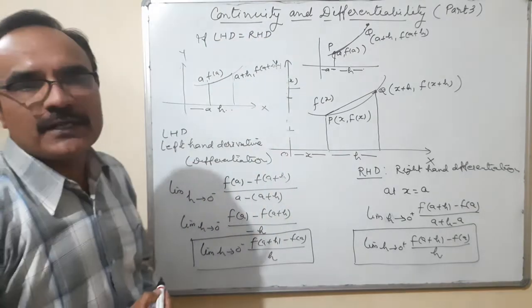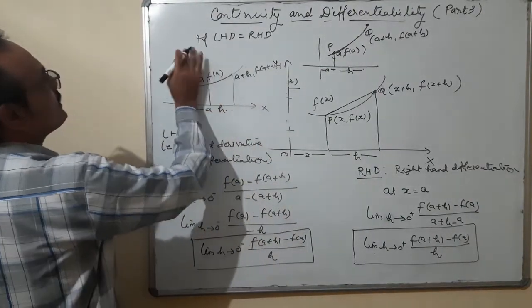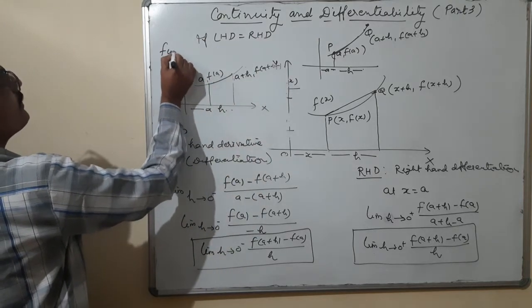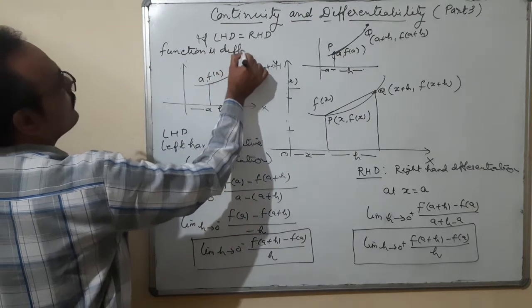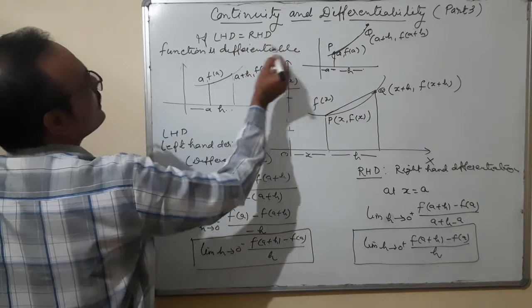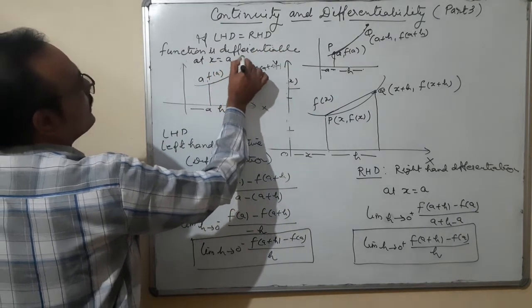The function is differentiable in the open interval. Okay, or we'll have to write here, if LHD is equal to RHD, then function is differentiable at x is equal to a in open interval.